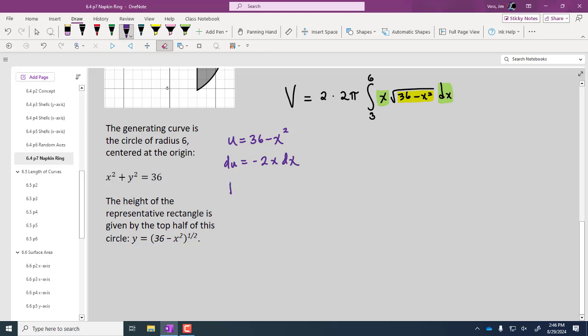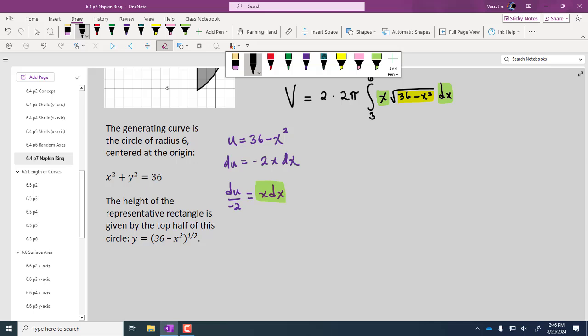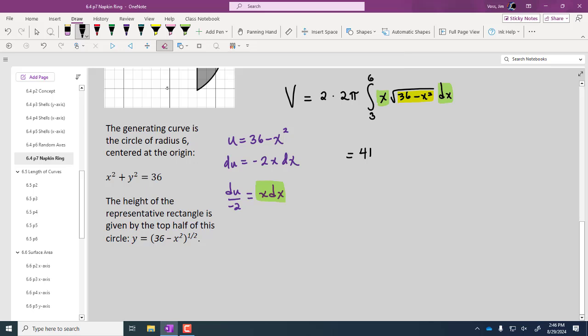So what I'm going to do over here is rewrite this as du divided by negative 2 so that the right-hand side now matches exactly what's inside that integral. So now the greens match. So we can come in here now, and we're going to have 4 pi out in front, the integral, the square root of u, and then x dx is du over negative 2.